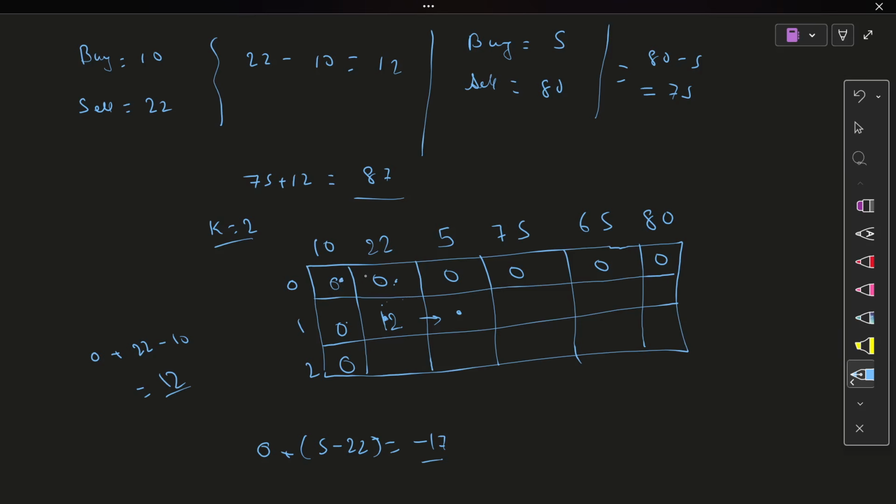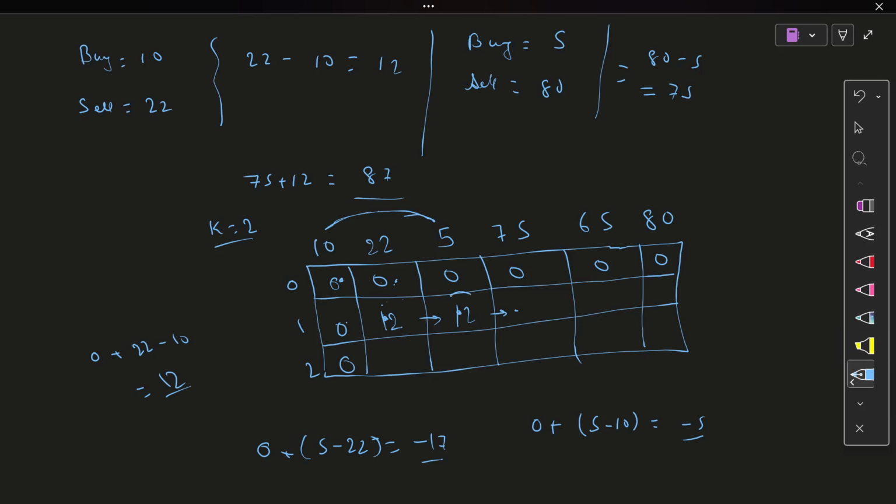Suppose here we got 0 while doing 0 transactions, and if we do one transaction for this one, we get 0 plus 5 minus 10. 5 is the selling price, 10 is the buying price. So total minus 5. Here the maximum is 12.